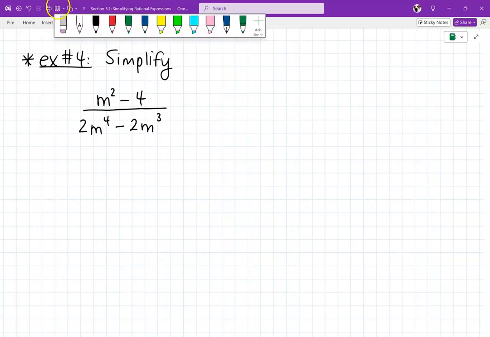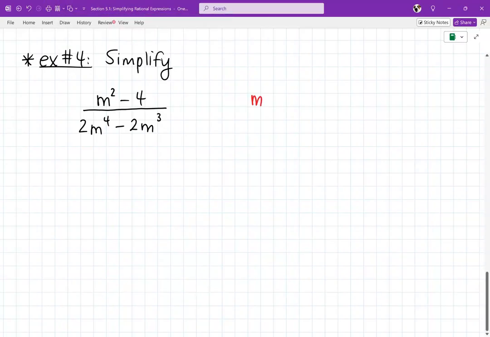So like I've done before, I'm going to take the top and factor that if I can. Notice it's not 3 terms, so I'm not going to use the X method. It is 2 terms. I notice subtraction, and I see an m squared in the front. So it's probably a difference of 2 squares. Okay? So I'm going to try it.